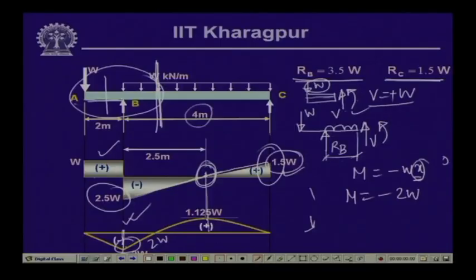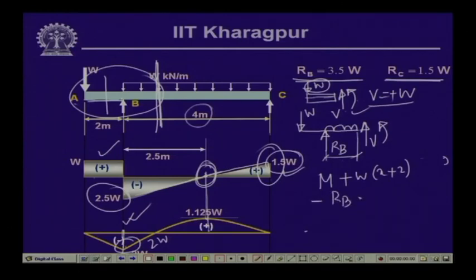Now, at this particular point if we compute the magnitude of the bending moment, the expression for the bending moment for this particular free body diagram is: M plus W is acting in the same direction. So, W times x plus 2 minus R B into x plus W into x square by 2 is equal to 0.